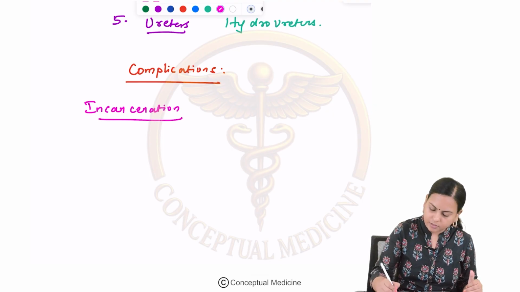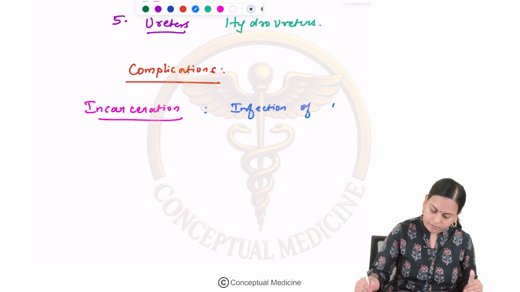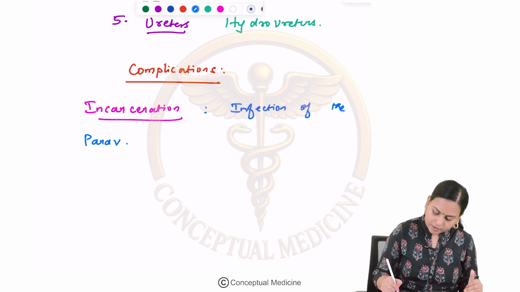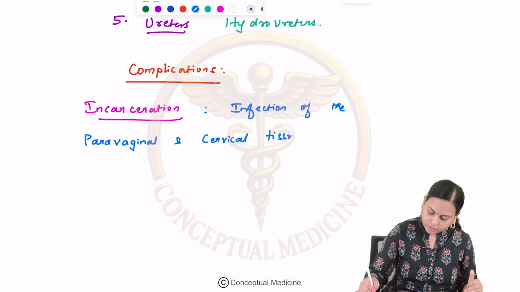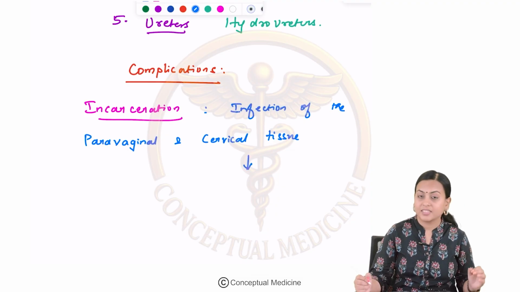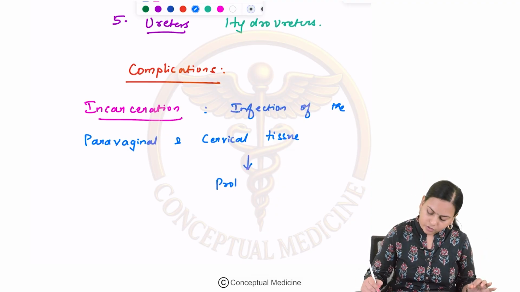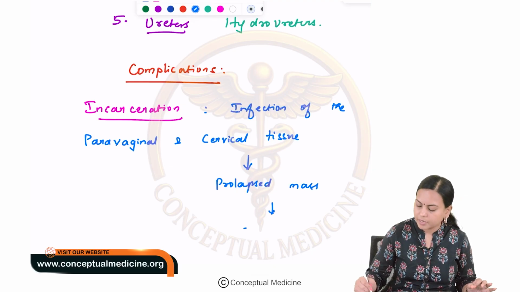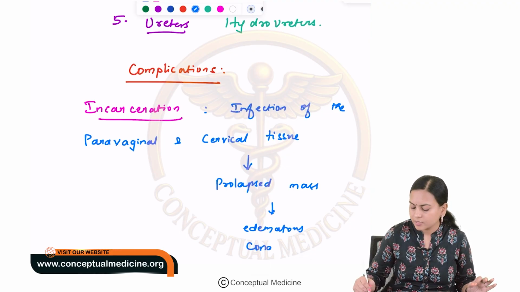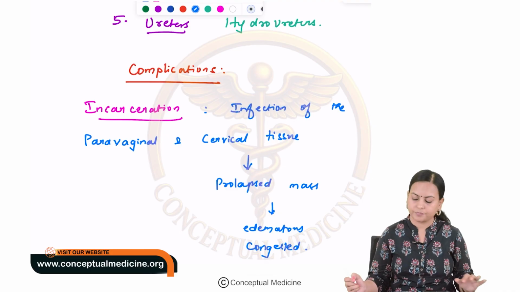That means there is infection of the paravaginal and cervical tissue that makes the entire prolapsed mass become edematous as well as congested.